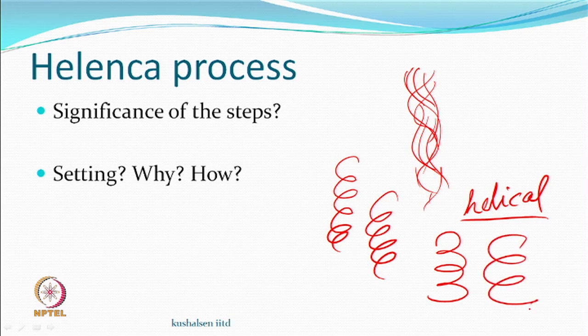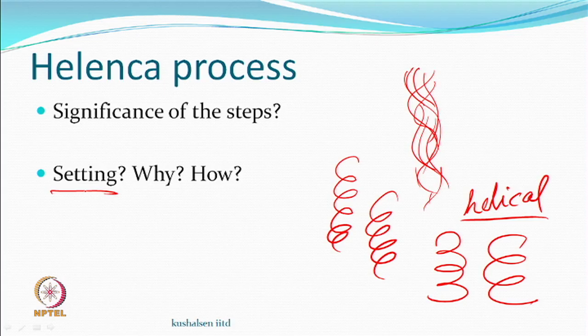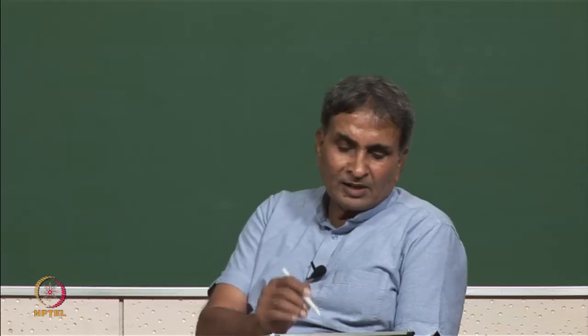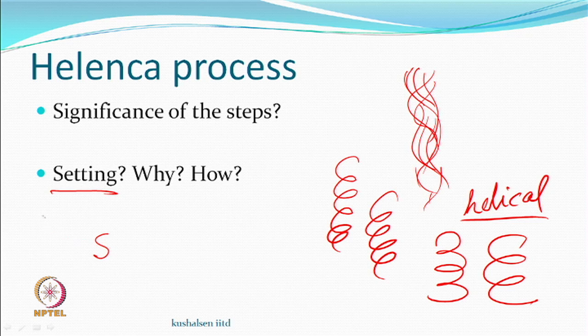But interesting is the setting. If you do not do any setting, then yes, this will be twisted. You do untwisting, you will get untwisted. So, you will get the same material with which you had started. We therefore have significance of all the three steps, which we said: twisting, setting and detwisting.